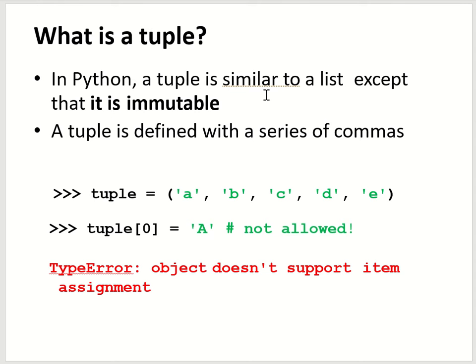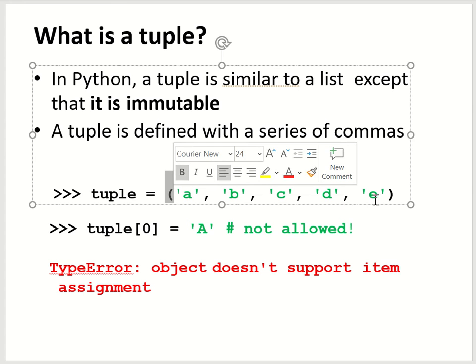But unlike a list, tuples are immutable, like strings, in that single elements of tuples cannot be modified or swapped out as they can be in lists. Syntax-wise, a tuple is defined by a series of values separated by commas.